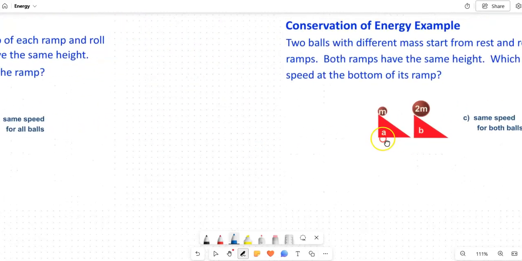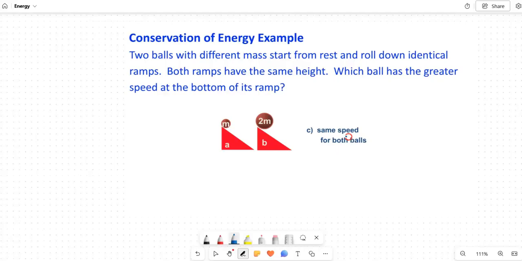Last question, almost done. We have 2 balls of different masses. One's got twice the mass of the other one. They're both on the same ramp. Which one do you think will be moving faster at the bottom of the ramp? The heavy one, the light one, or will they have the same speed? Try to answer this question and pause the video now.